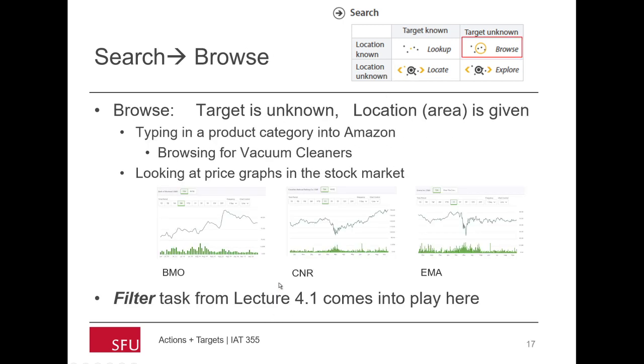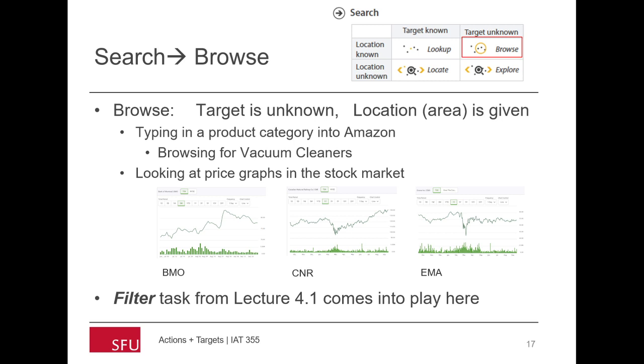Next is a situation in which the target is unknown. You don't know the actual detailed target, but you kind of know its area. And that is labeled with this kind of fuzzy term, browse. Browsing, in another formulation, is that browsing and search are closely related but not identical things.